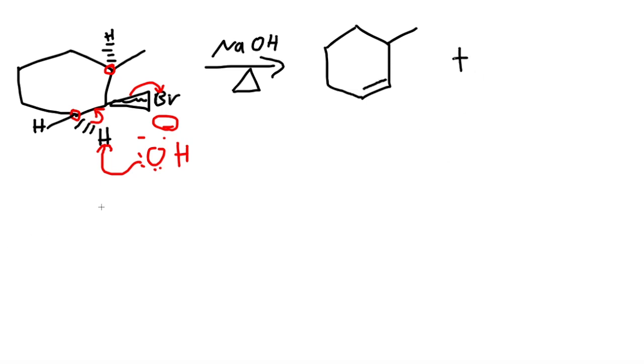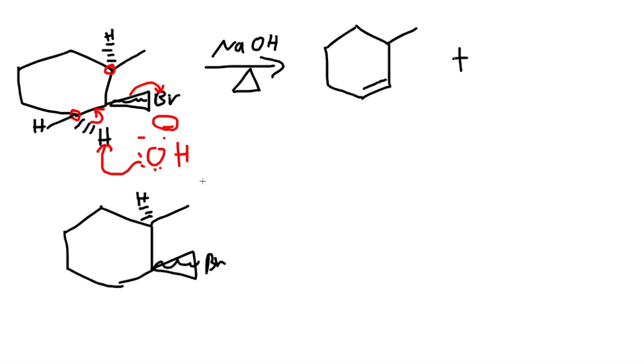With our second product, let's redraw the structure of our original problem. The hydrogen here: the OH, negatively charged, will come and grab that hydrogen. This hydrogen gives off electrons to form a double bond here, and kicks off the leaving group. As you notice, the hydrogen goes toward where the leaving group is.